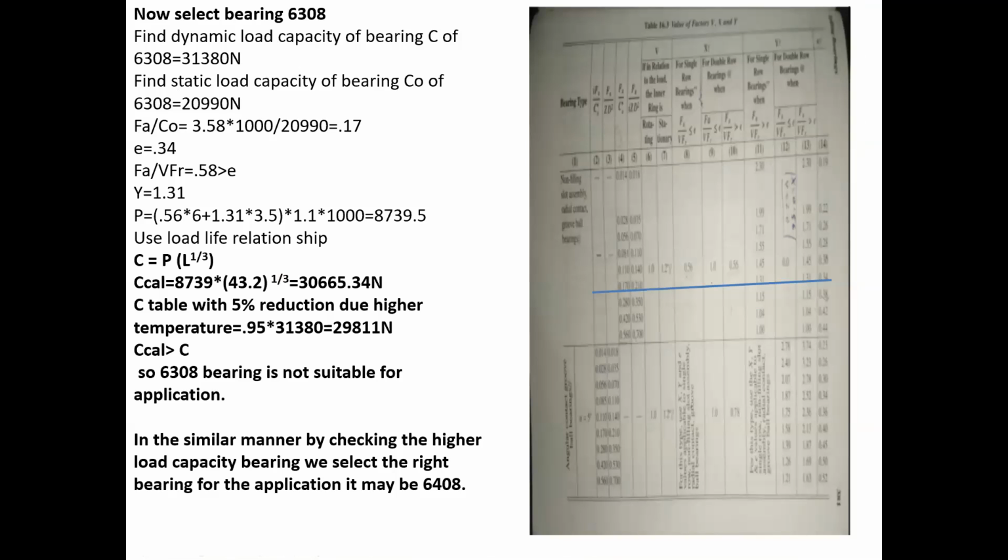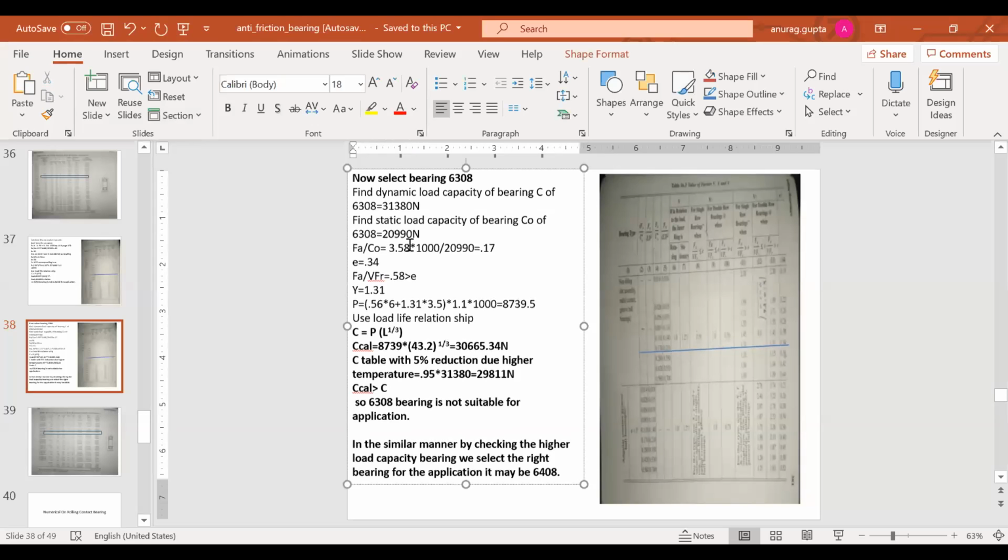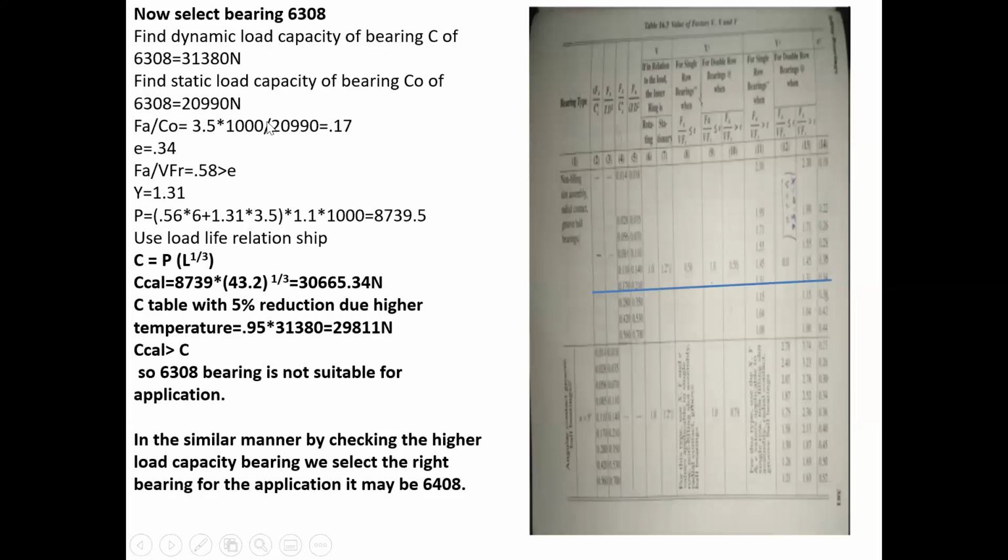So now we will find out FA upon C naught, as we have found out in the previous question. Mistakenly, I have written down here 58, so I'll correct it. Calculation is right. So it will be 3.5 into 1000, because we have to convert kilonewton into Newton, divided by static load capacity, that comes out 0.17.